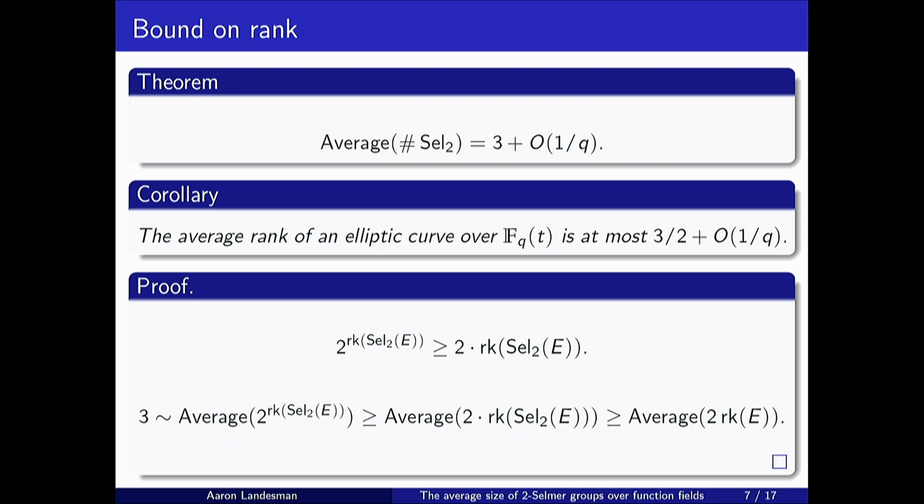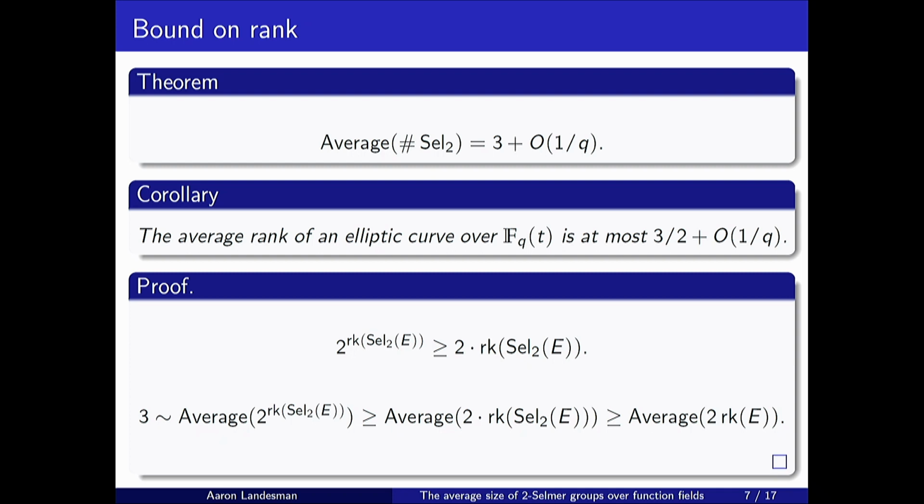Okay, so the reason is a very elementary inequality. 2 to some non-negative integer is always at least 2 times the integer, right? Because 2 to the 1 is at least 2, 2 to the 2 is 4, and then 2 to the 3 is 8, which is more than 2 times 3. So this is just a true fact about non-negative integers.